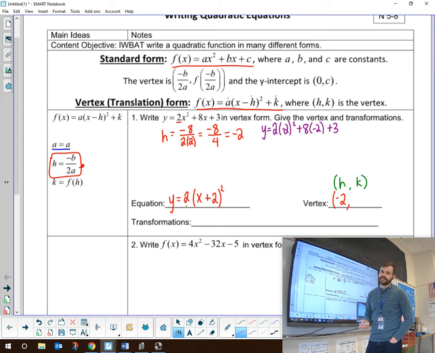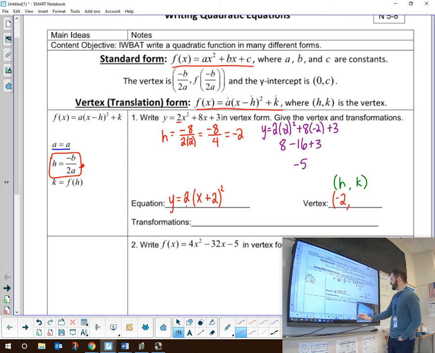This would not be a bad time to get out your calculator. However, I'm just going to do this one in my head. Negative 2 squared is 4. 4 times 2 is 8. 8 times negative 2 is negative 16. 8 and negative 16 makes negative 8. Negative 8 plus 3 is negative 5. So my k is going to be negative 5.